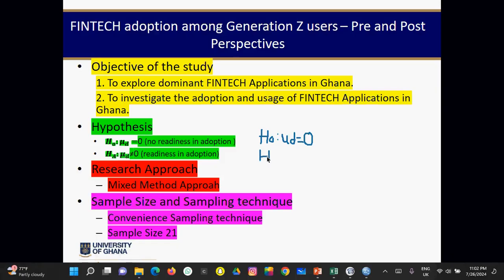And then HA, the alternative hypothesis, is saying that mu d is not equal to 0.